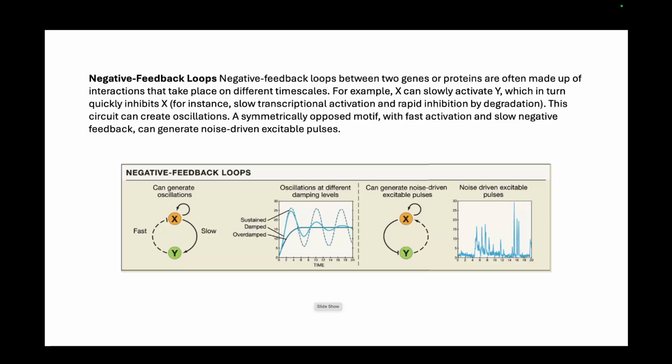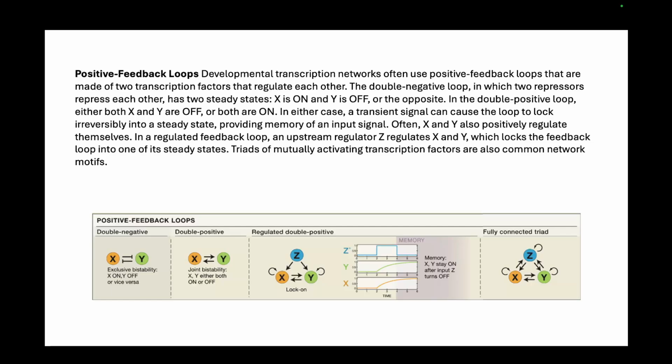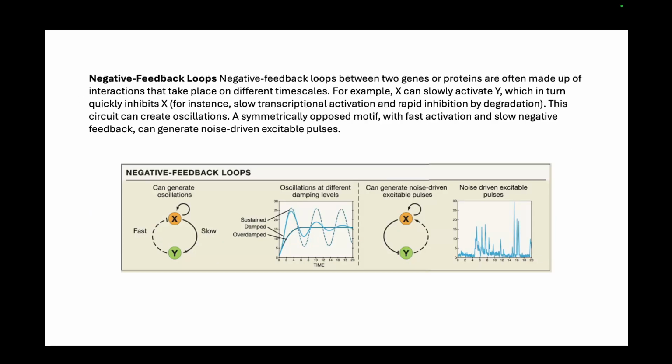These are what are known as network motifs, as was the last one, positive feedback loops and negative feedback loops. These are the smaller subunits of your network which you try to model using differential equations, and you check how your system will evolve with time depending on these equations, right?